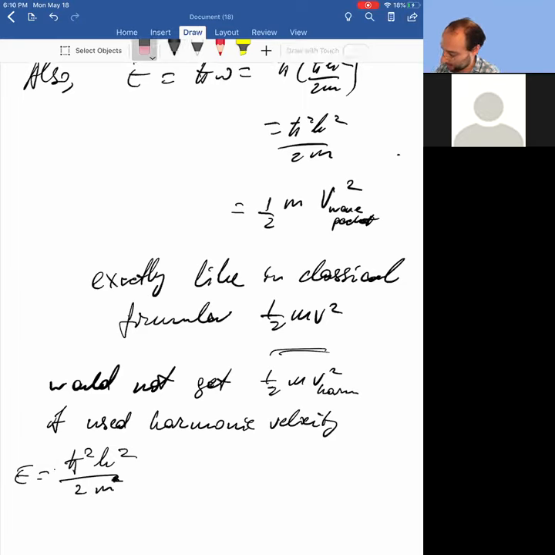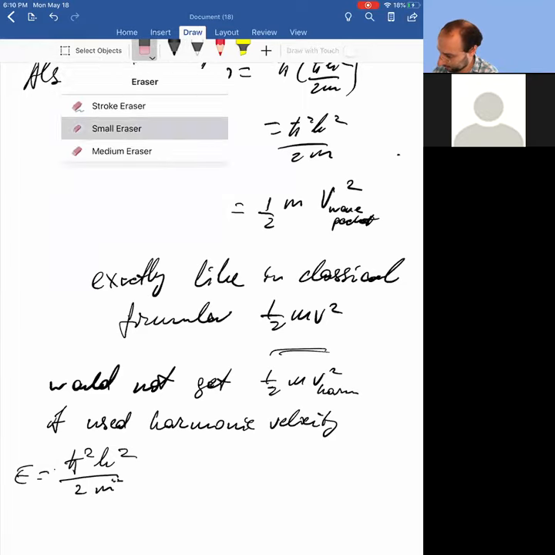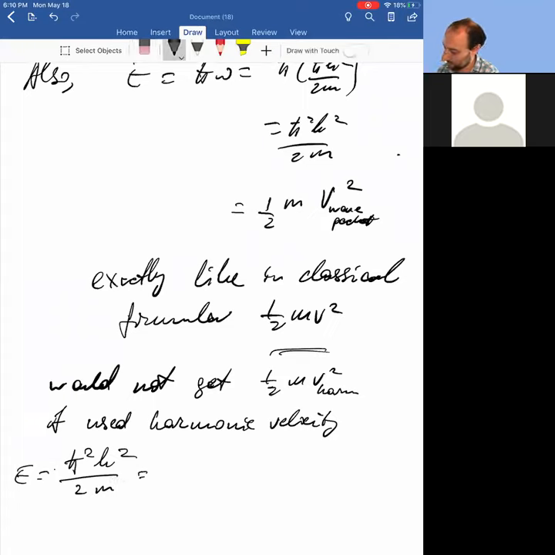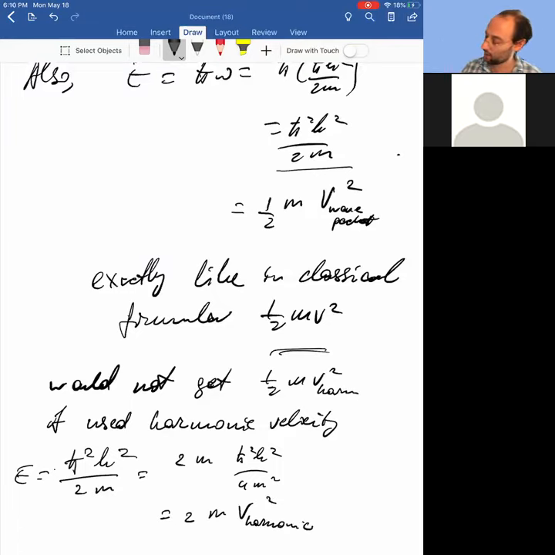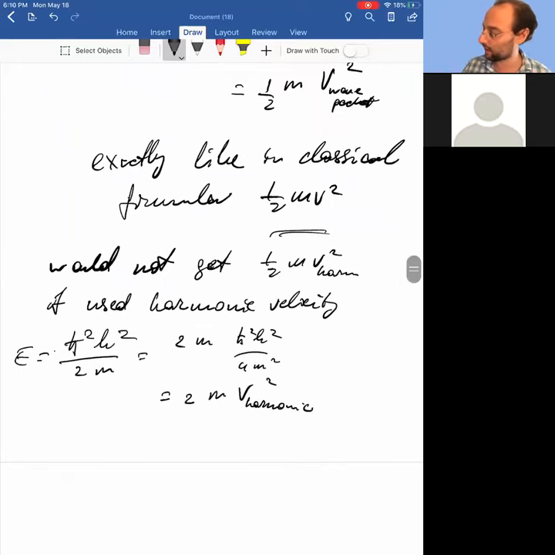You can write that as 2m times h bar squared k squared over 4m squared, which is 2m times v of the harmonic, and you're off by a factor of 4 because your velocities are off by a factor of 2.